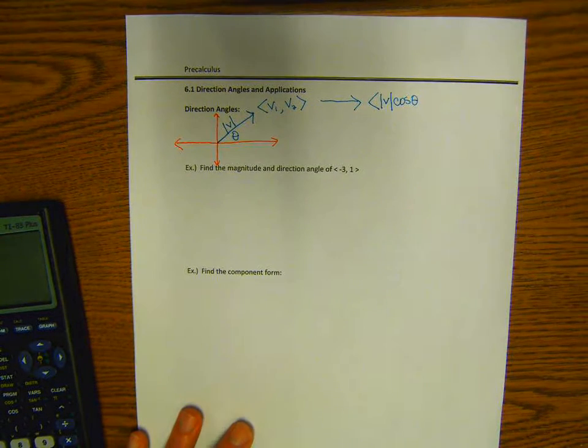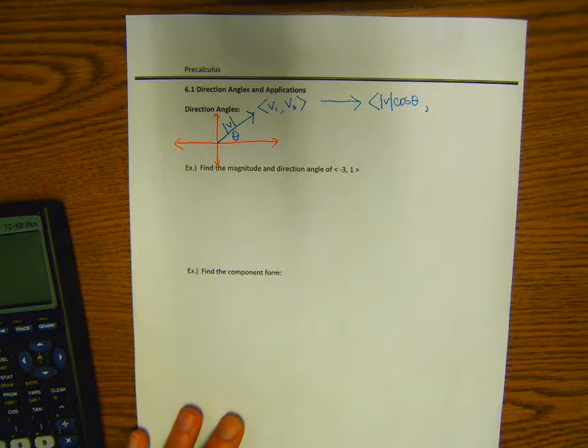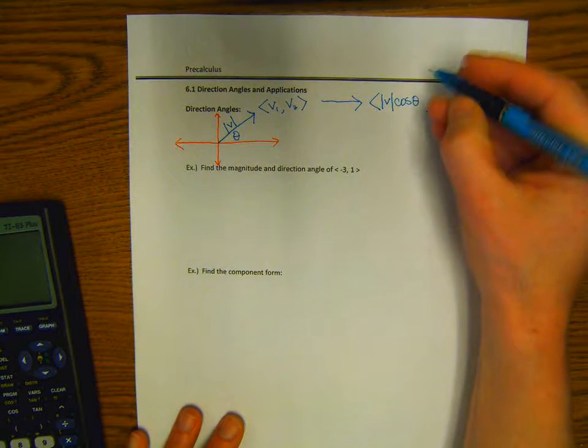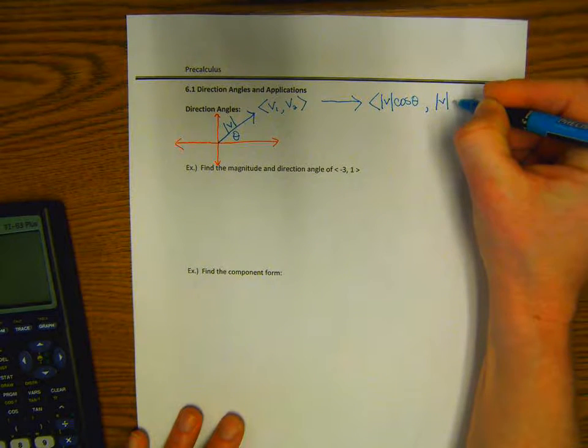What could you use for the second component then? The sine. So if I knew the magnitude and the angle, you could take the magnitude times the sine of the angle.